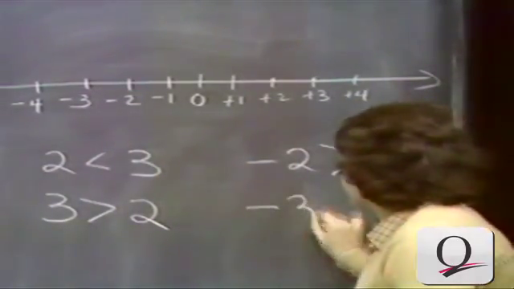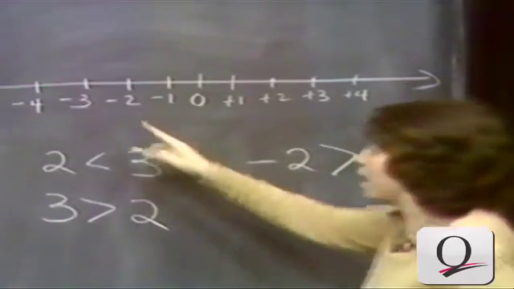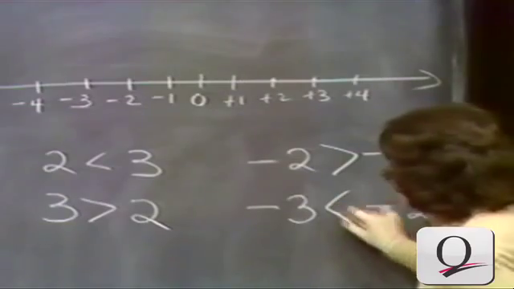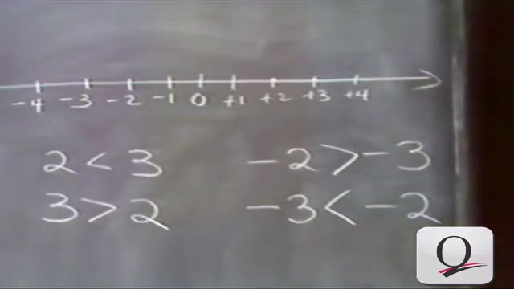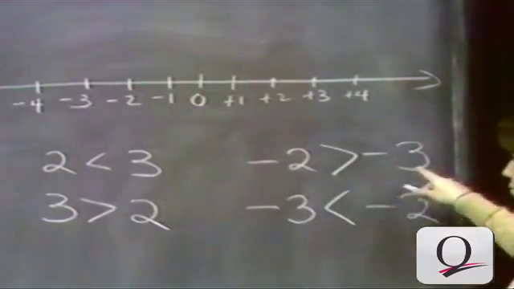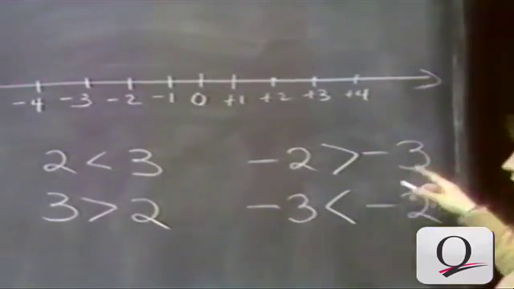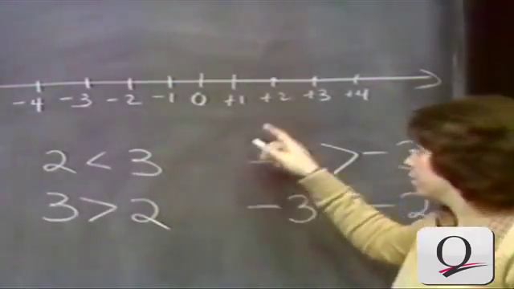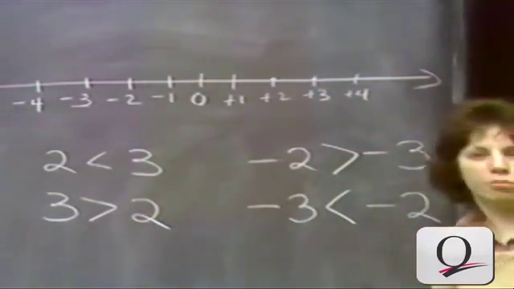Similarly, -3 is to the left of -2. -3, therefore, is less than -2. Study this idea so that you understand it. With positive numbers, 2 is less than 3, but with negative numbers, -2 is greater than -3. The whole idea: a number is less than another number if it appears to the left of it on the number line.